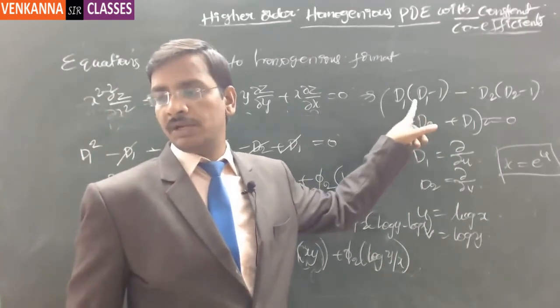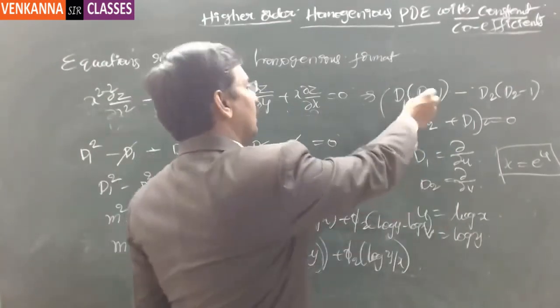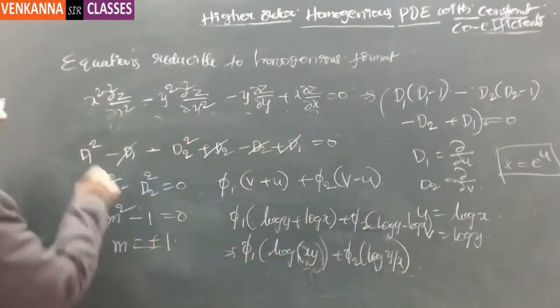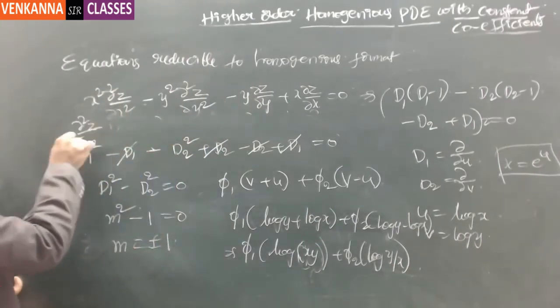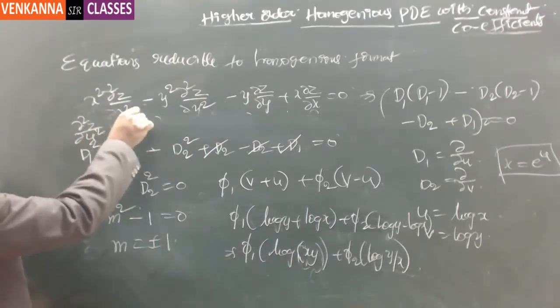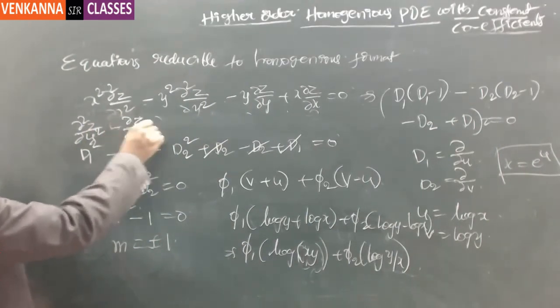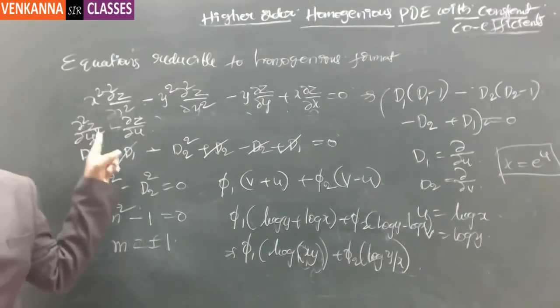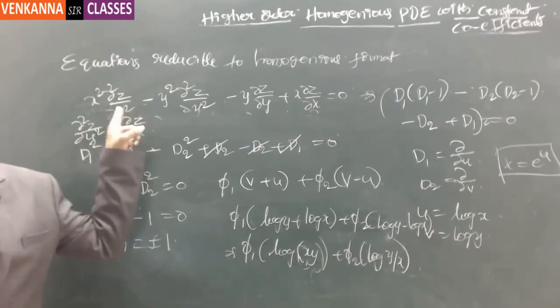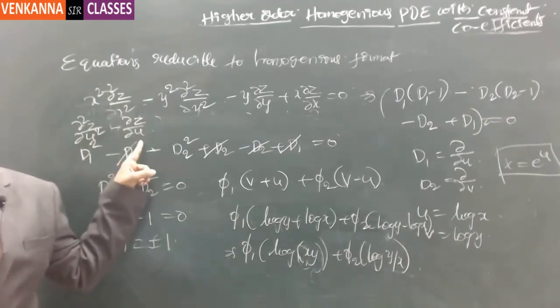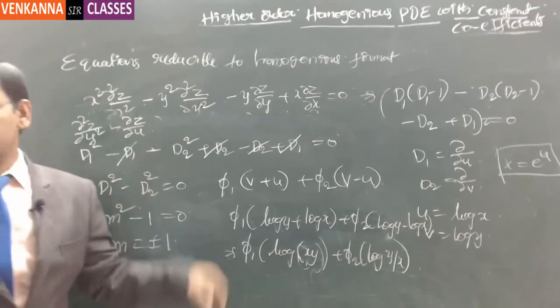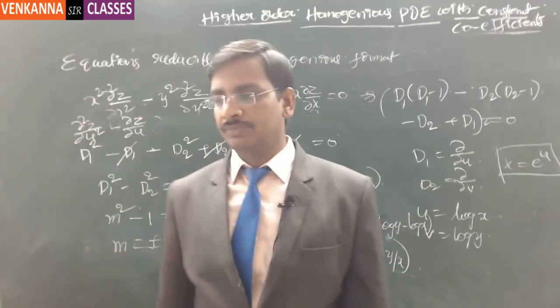So here D square and this is minus D. That means this is dou square z by dou u square minus dou z by dou u. So this can be replaced like this, where x is no more, we got it in u. Understood or not? Do you have any questions on this?